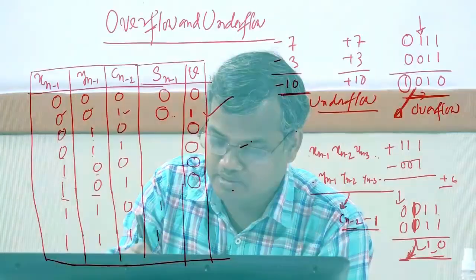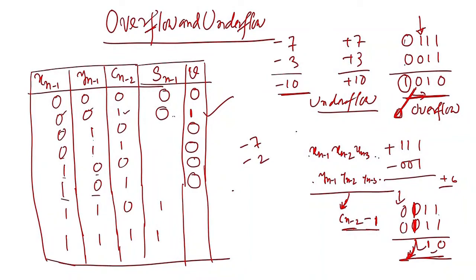So, let us say minus 7 and minus 2. Now we add it. How do you represent minus 7 in 2's complement? This is 0 1 1 1. Then the complement is 1 0 0 0, you add 1.